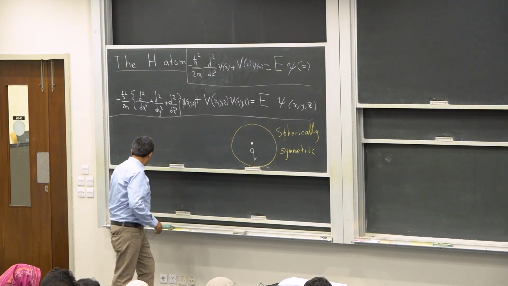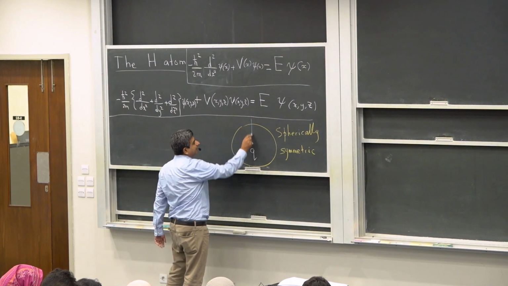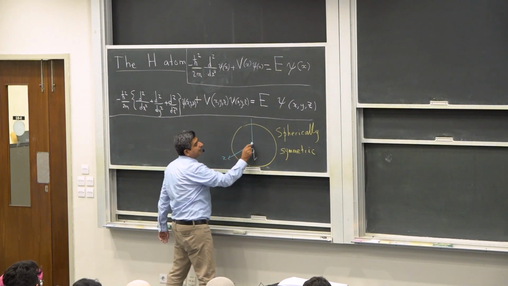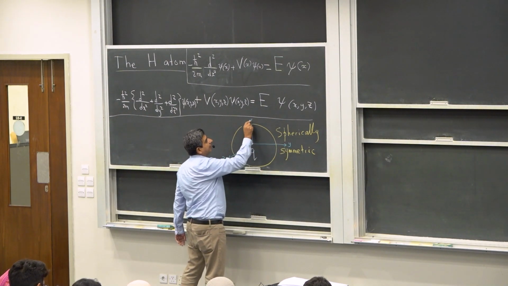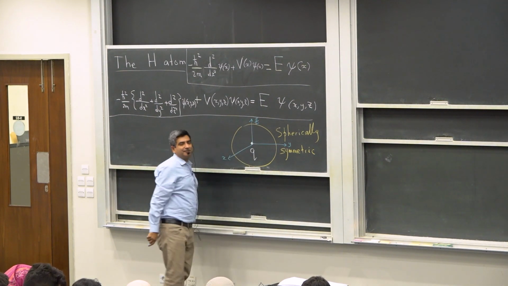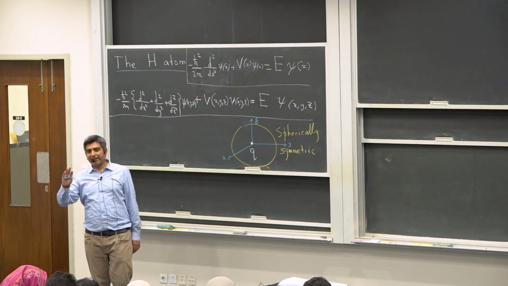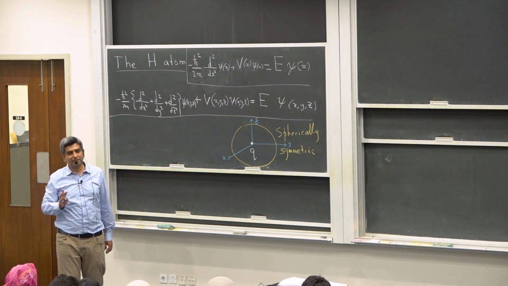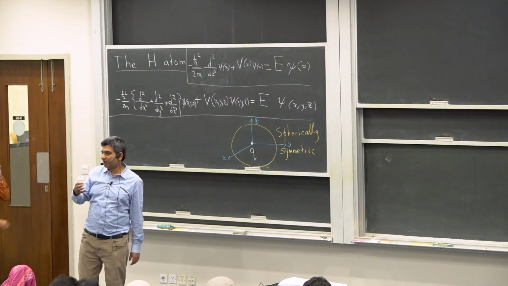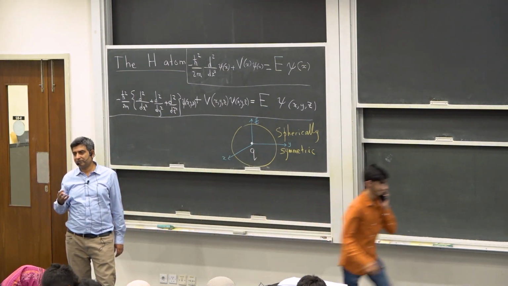Even in this case, you have an x-axis, a y-axis, and a z-axis. But if you move on the sphere, x, y, z change. It becomes very cumbersome to keep track of these variables.